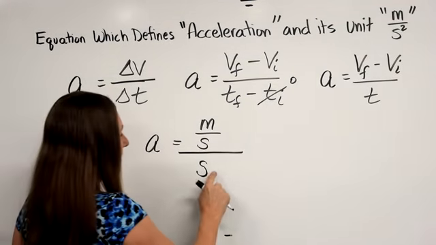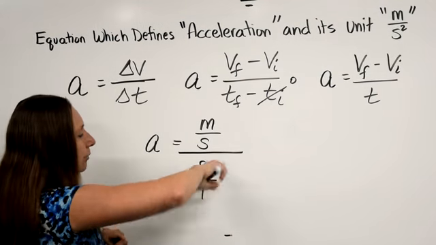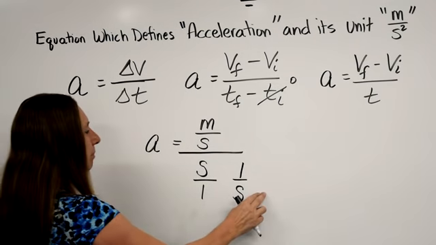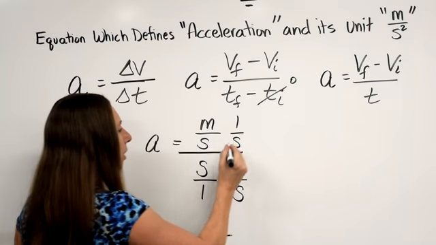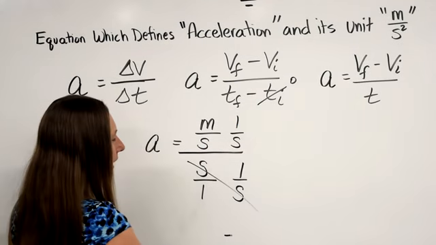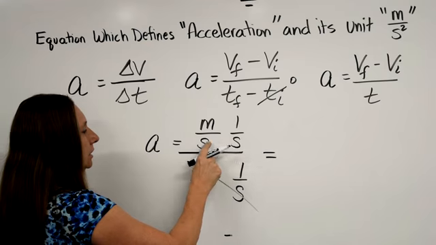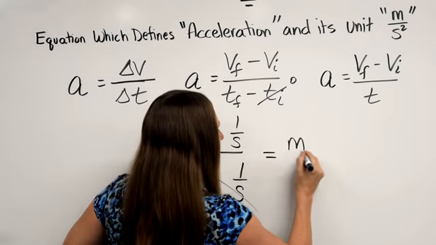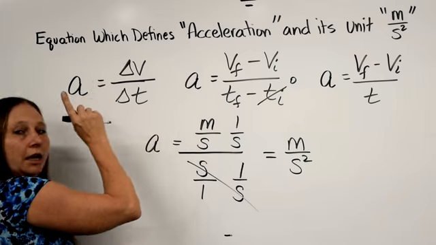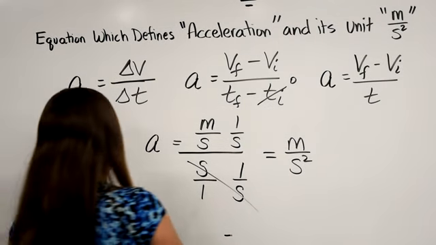This S on the bottom is really over 1. I'm going to invert, 1 over seconds, and multiply bottom and top by 1 over seconds. Invert and multiply top and bottom. These cancel, and the unit becomes meters per second squared. So I used the equation to derive the correct unit for acceleration.